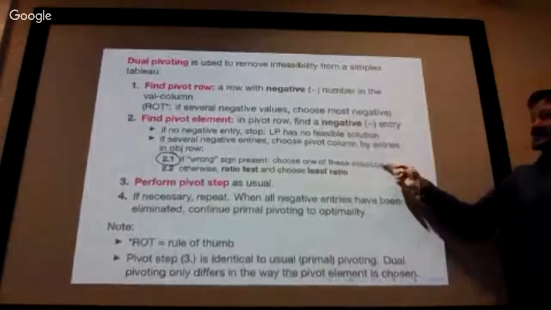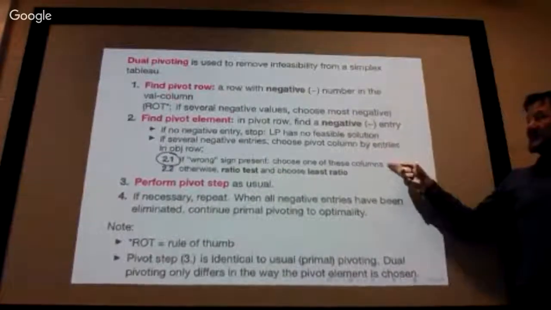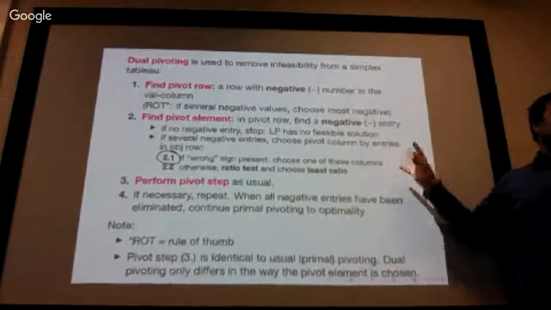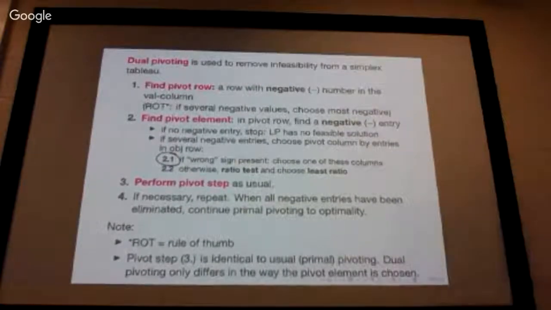Now there is this note that if the wrong sign is present, then we should pivot on one of those columns. It doesn't matter which one we choose, but that's not strictly dual pivoting. This is called primal dual pivoting, something like that. But don't think too much about that.